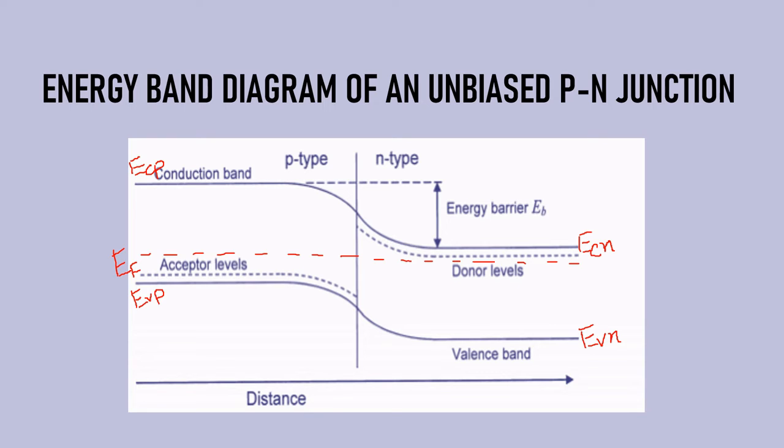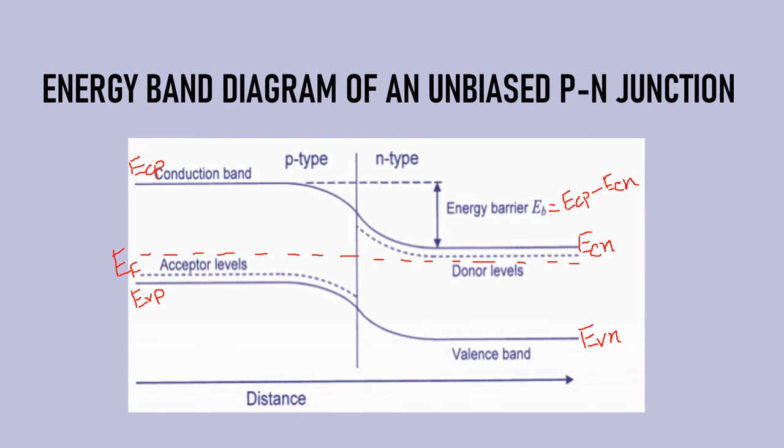EB is represented by ECP minus ECN. Why? Because the conduction band edge is at a higher energy level for the P side, ECP, than the conduction band edge for the N side, ECN. So the difference ECP minus ECN is called the energy barrier.